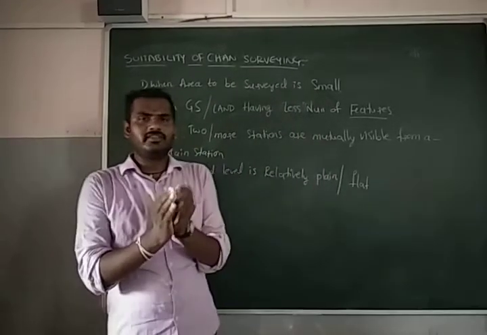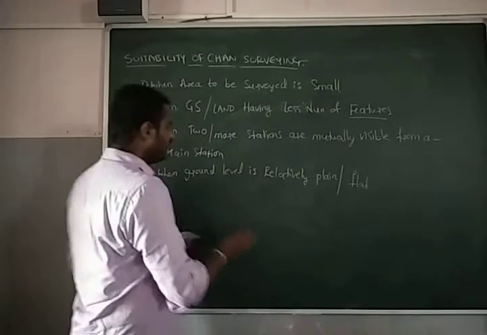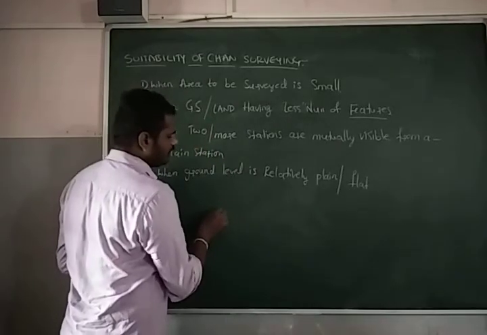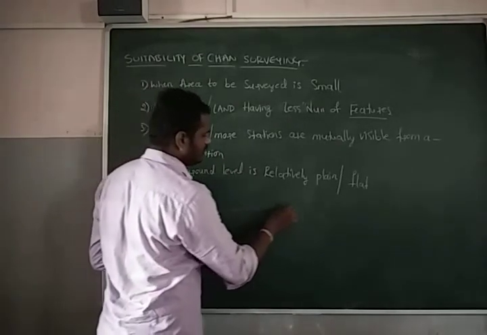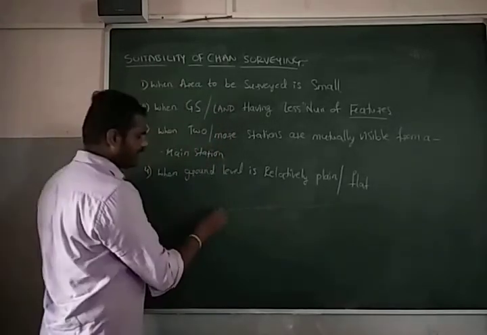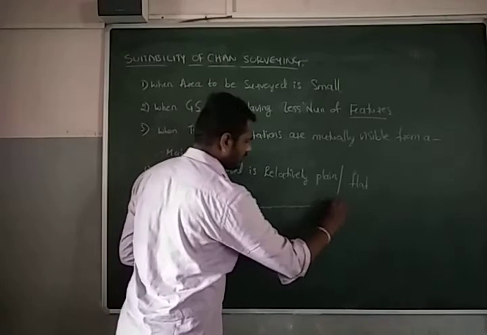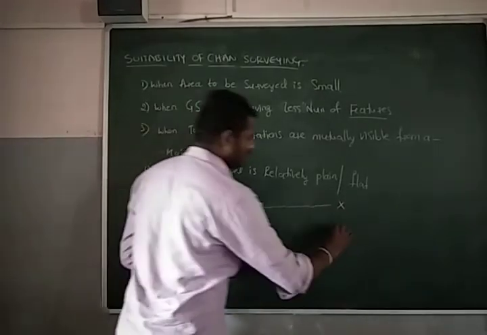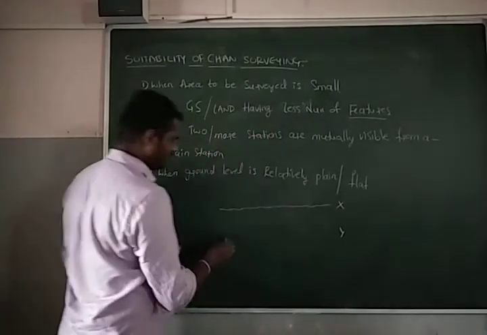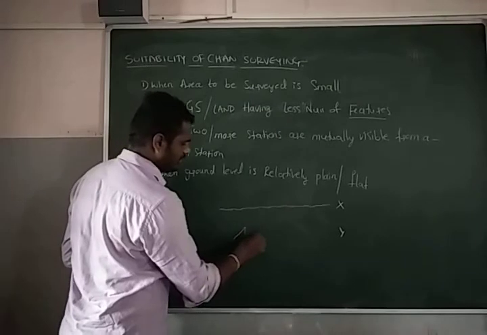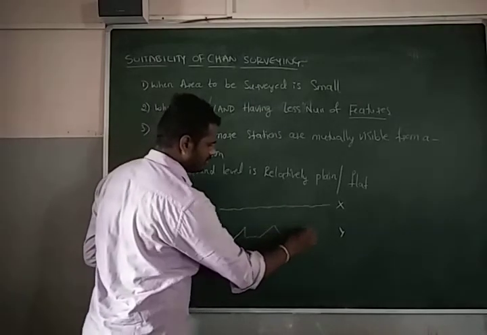When the ground surface is relatively flat, in the sense when you take the cross section of a ground, let us consider this is the ground. I am taking two different grounds. This is the ground at some x place, and I am taking some y position. At the y position, the ground would be like this.